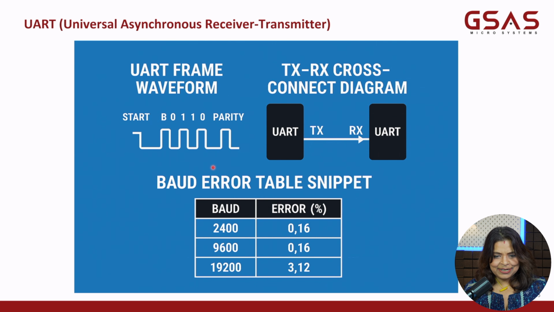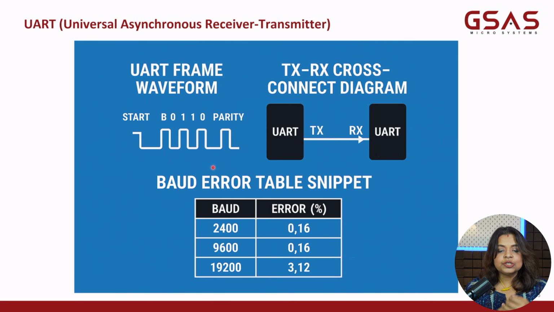That is a different story, but the theoretical part is this one. Now UART supports full duplex communication. What is full duplex? It means both transmitter and receiver can simultaneously transfer data. You need not wait for any acknowledgement; you can just transmit and receive the data.